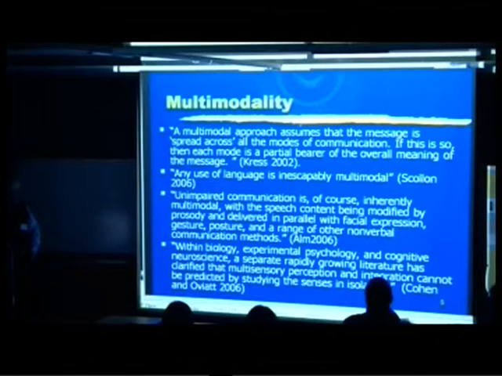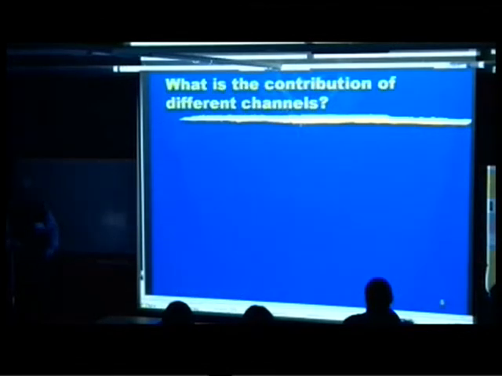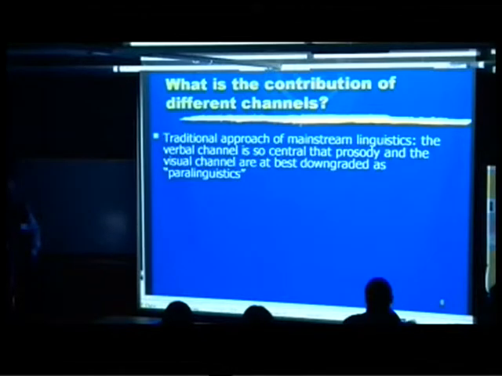Of course, again, as I said before, the traditional approach of linguistics is that the verbal channel is so central that other channels, even if they are worth any mention, are downgraded as paralinguistics.